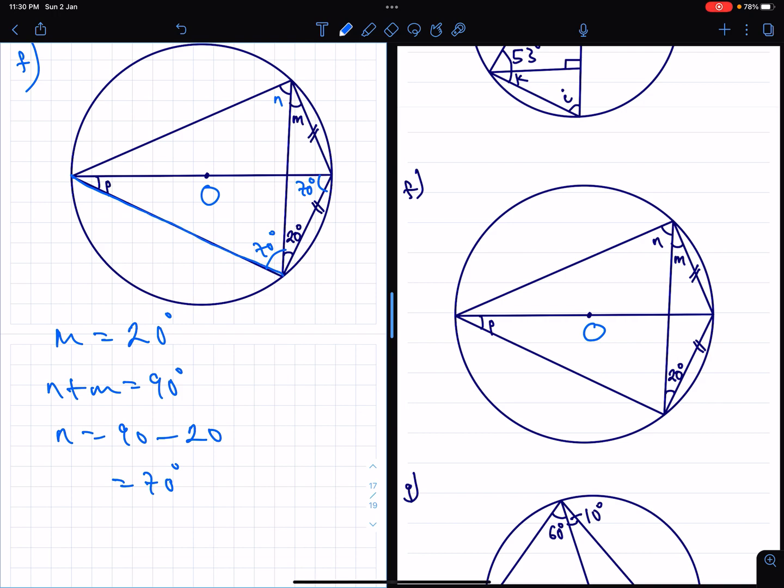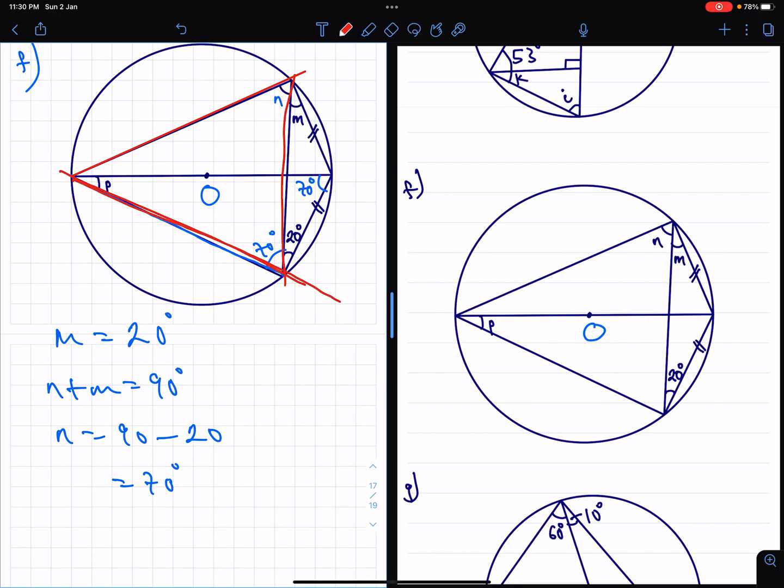Now I'll check the angles formed by two different pairs of lines which form a triangle with the same chord. First of all, let me mark that in a different color. This length and this length form a triangle with this chord.